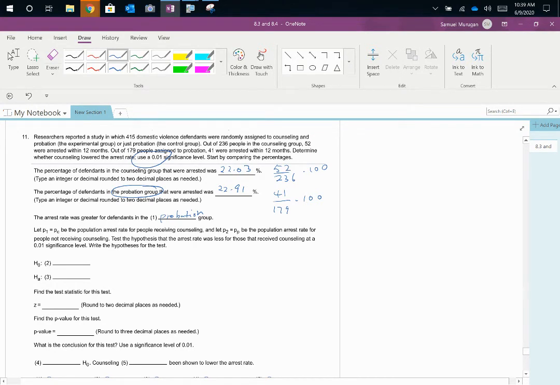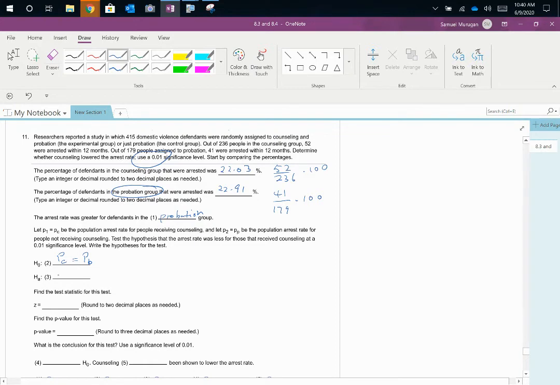Let P1, equal to PC, be the population arrest rate for people receiving counseling, and P2 be the population arrest rate for people not receiving counseling. Okay, so the null hypothesis would be that PC, receiving counseling, versus probation, are equal.